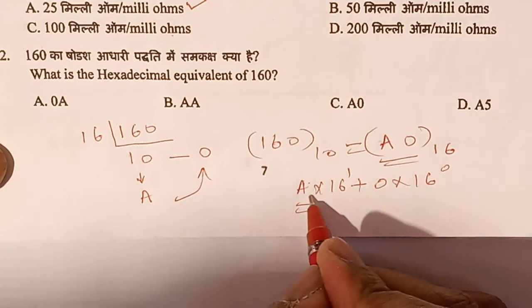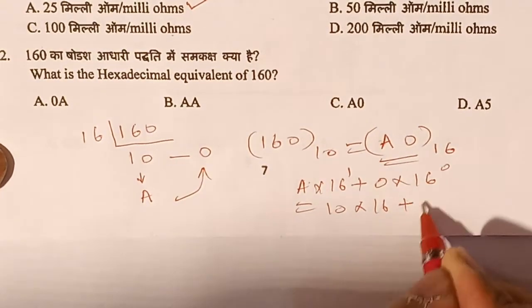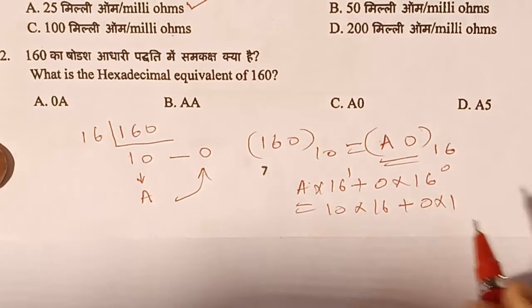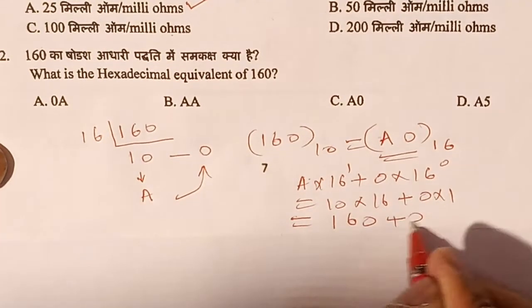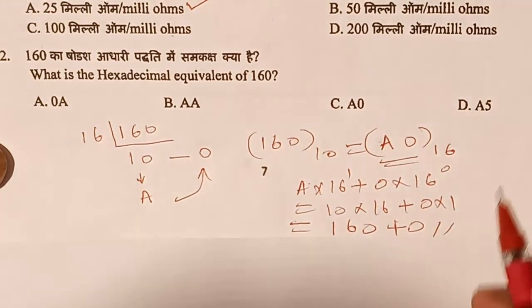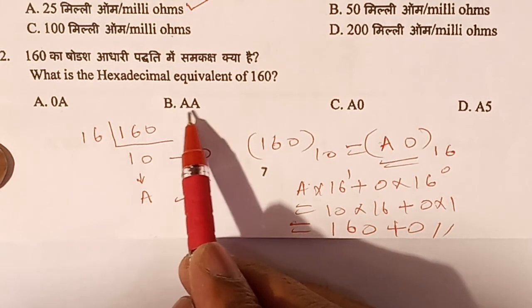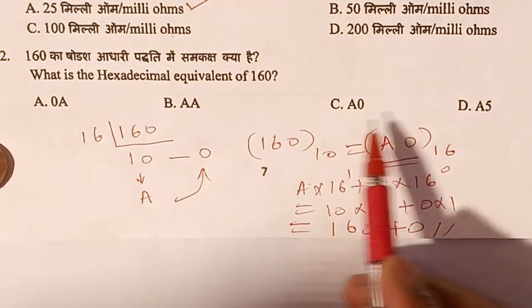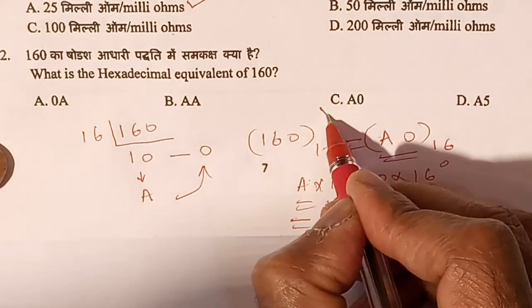Now if you multiply, A is 10, so 10 into 16 plus 0 into 1. So the answer is 160 plus 0, so it is 160. The options are A 0A, B AA, C A0, D A5. Out of that, the answer is option C, A0.